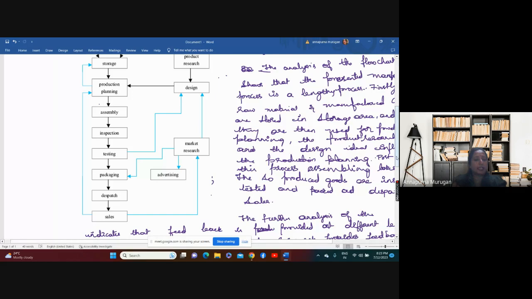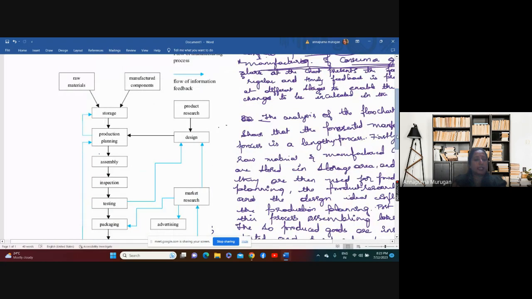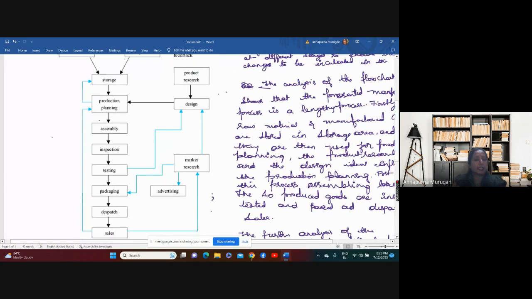So you can present the idea that this process is a foolproof process where timely feedback is given, and a lengthy manufacturing process is involved. Okay, you can present this here.